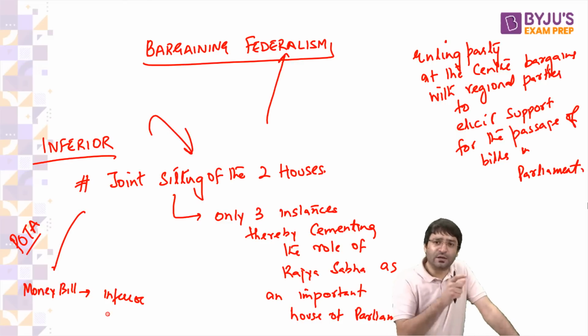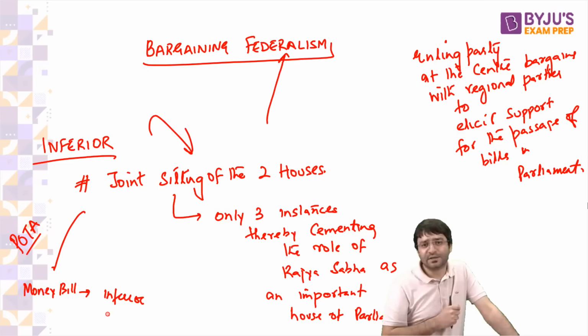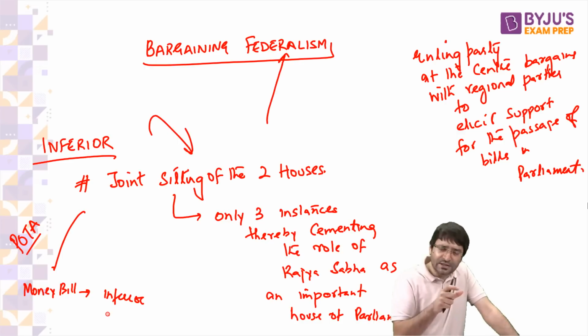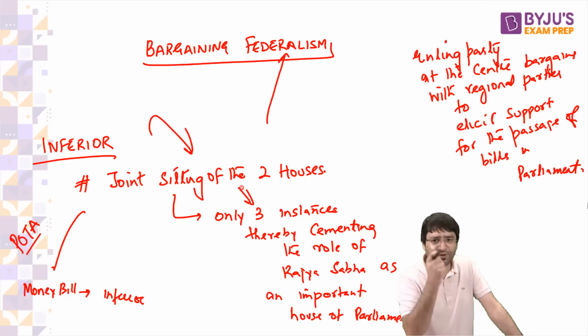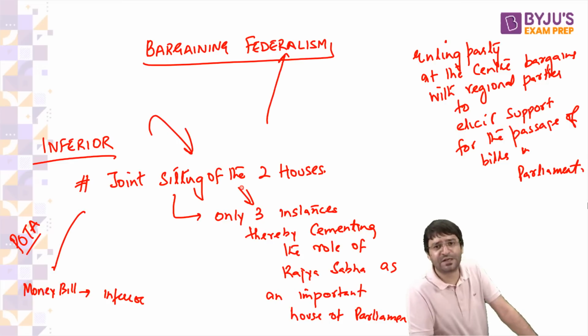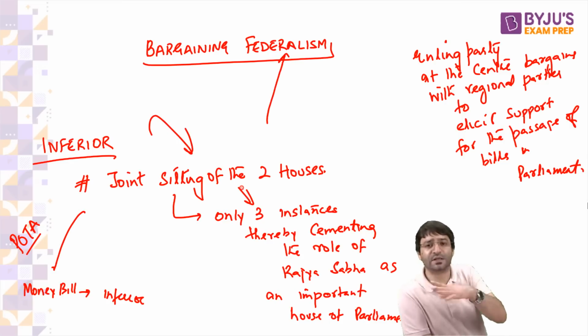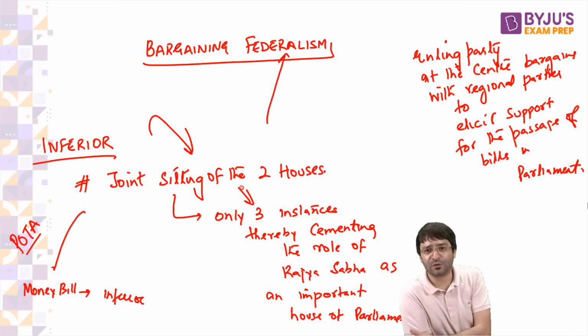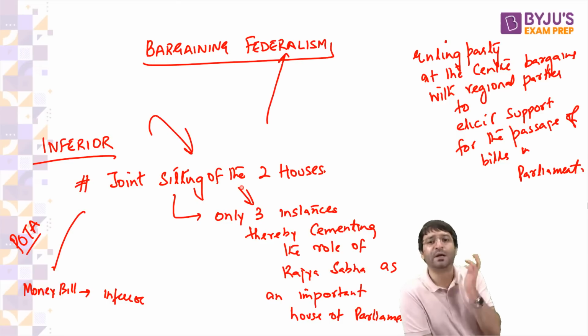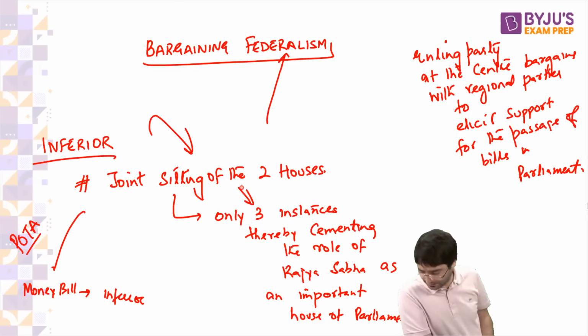That is why Rajya Sabha is inferior, they say. No. If joint sitting is the reason why you are calling Rajya Sabha inferior, then look at the instances: only 3 instances in the past, in the 1950s, 1960s and 2002. These were the only 3 instances where joint sitting was carried out, which means that Rajya Sabha has an equally important role to play in Indian Parliament. Clear?